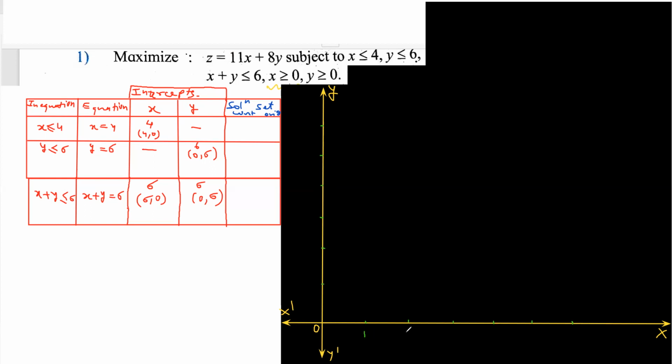Students, you can always use your scale, the ruler that you have. I think the normal width of a page that you have is minimum 12 centimeters, close to 12 centimeters.